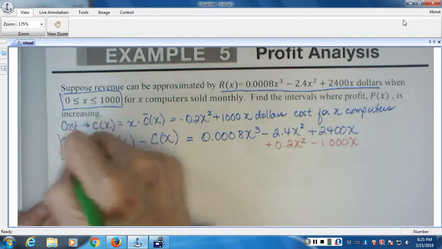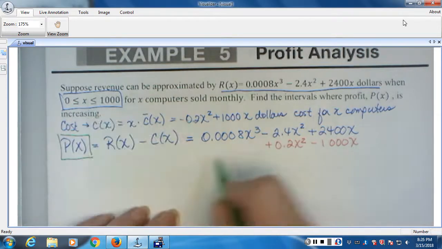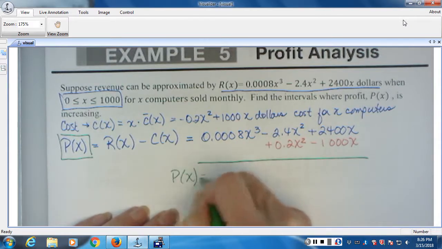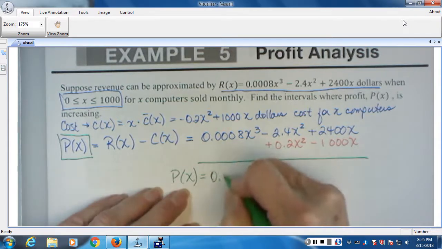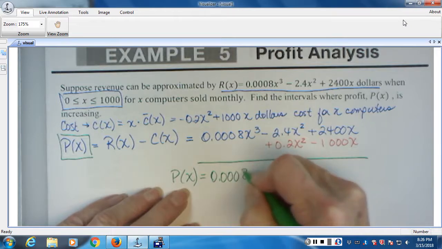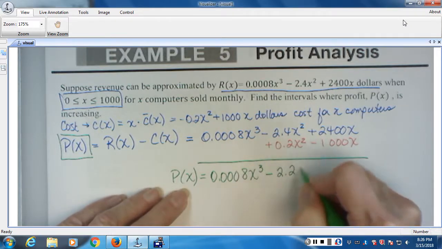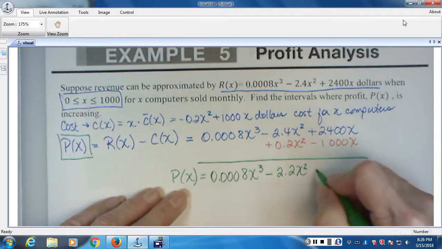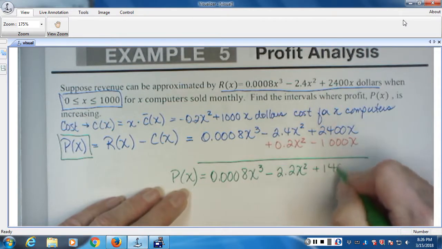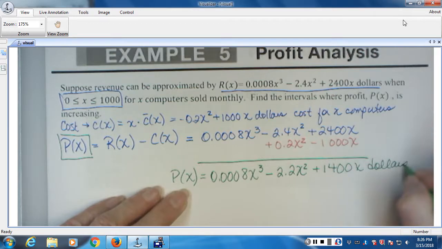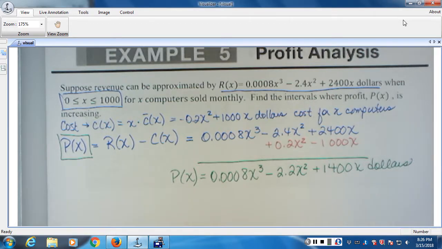So your profit function, P of x, that's your dollars total profit for selling X computers.